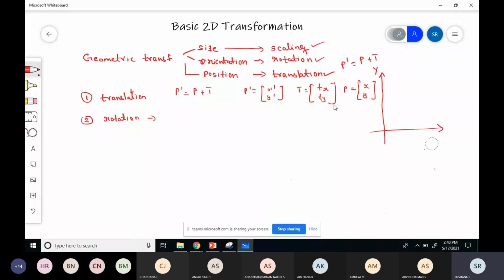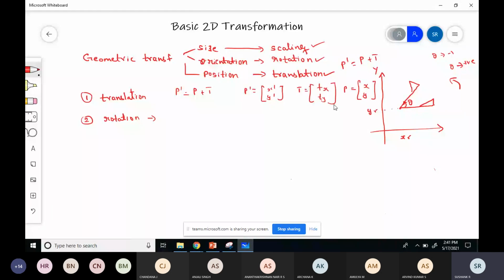I want to rotate an object. For that, I'll take this position as XR and this position as YR. There is one object like this. I want to rotate this object by an angle theta. If theta is positive, it will be rotated in anti-clockwise direction.